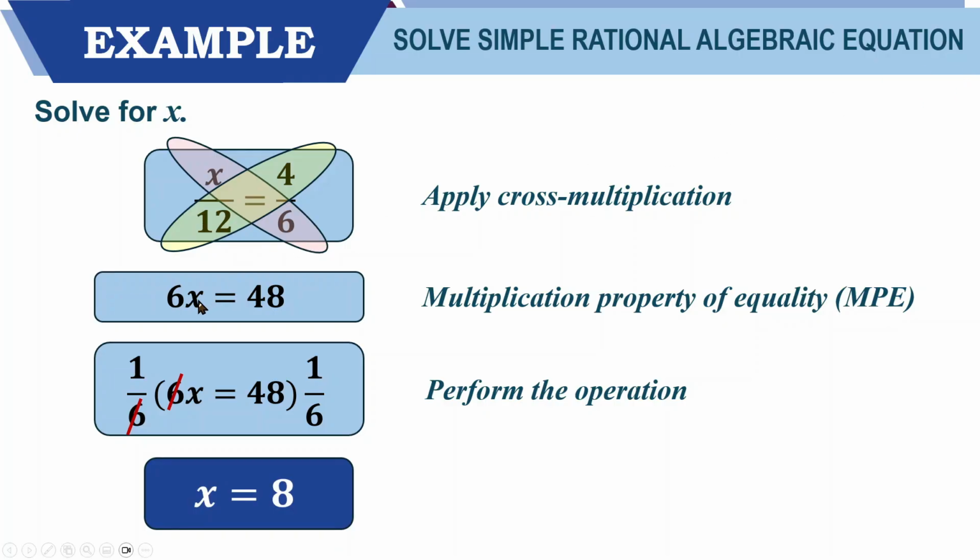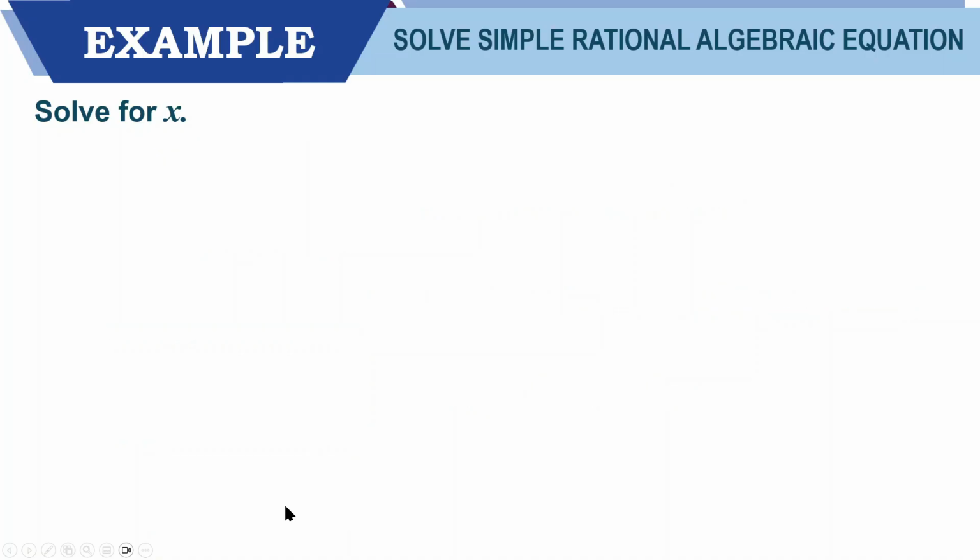If we have multiplication of 6 and x, we have to multiply by 1 over 6, which is the multiplicative inverse of 6. So we can cancel the 6, which is the coefficient of x. Therefore, we will be able to find x, but of course, what we do on the left side should be done on the right side as well. So 48 times 1 over 6 is 8.